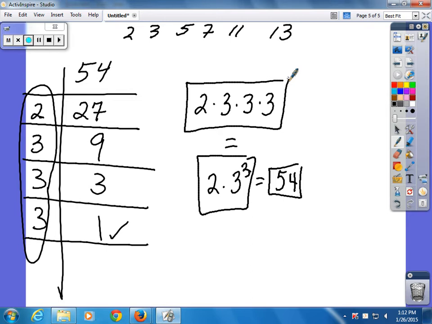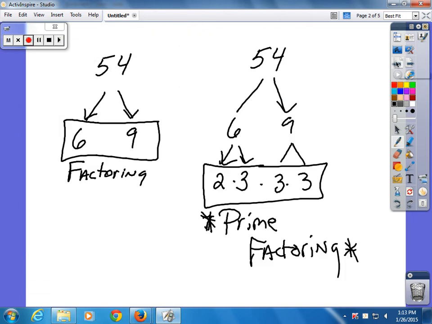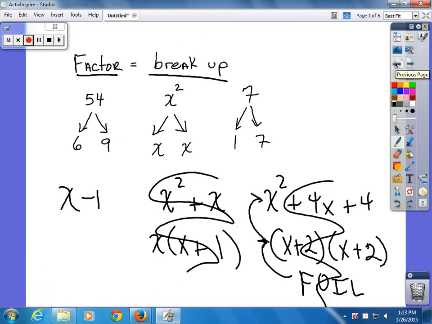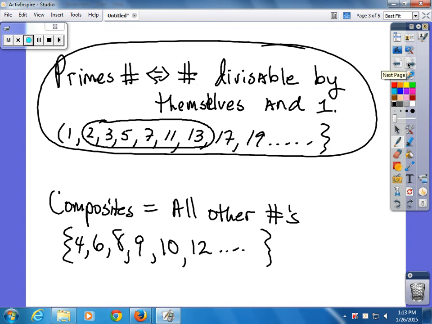And I always get, well, here, why couldn't you write 2 times 27? Well, 27 is a composite number. Go back to the definition that I showed you at the beginning of the class. 27 is in this group. You want a prime number around 27, what would it be? 29, Hubert.